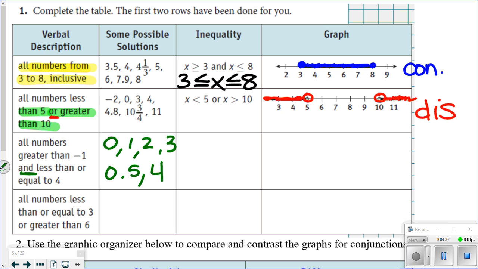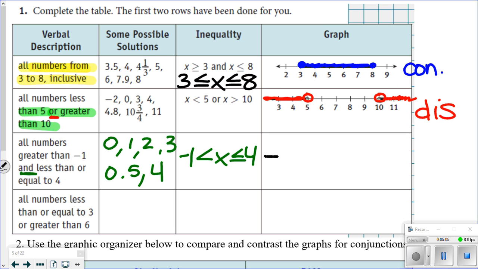We are going to put our lowest number first, so -1. My highest number is 4. And I need all numbers in between those, so put your x in the middle. x has to be greater than -1, so you're eating the x. And it has to be less than or equal to 4.